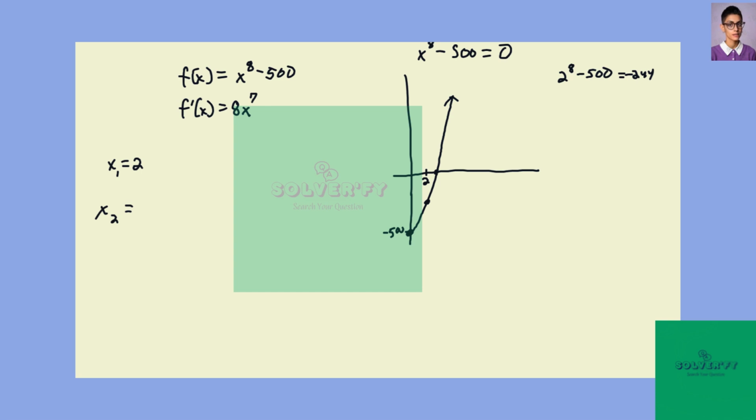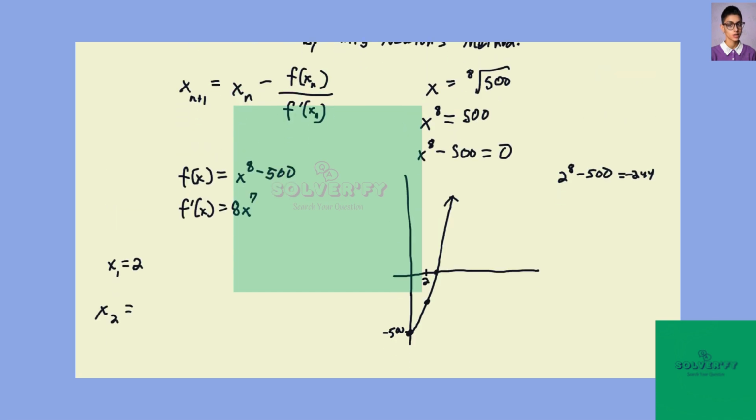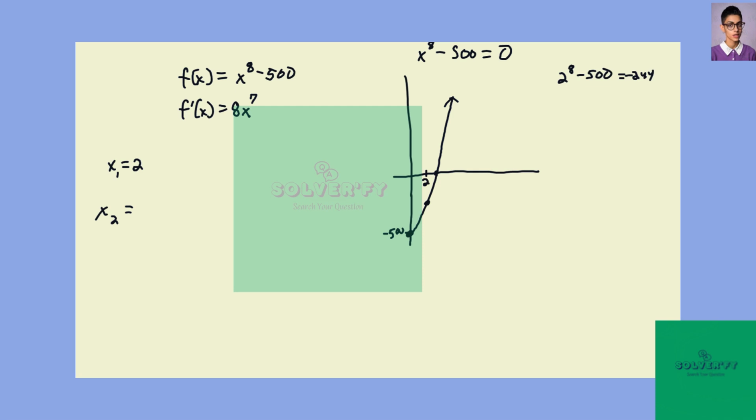That would be x sub n, which is 2, minus, and then we would do f of 2 over f prime of 2. That would be 2 minus, f of x is x to the 8th minus 500, so it would be 2 to the 8th minus 500 all over 8 times 2 to the 7th.